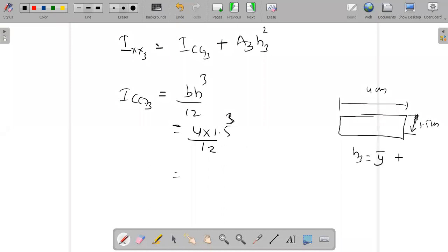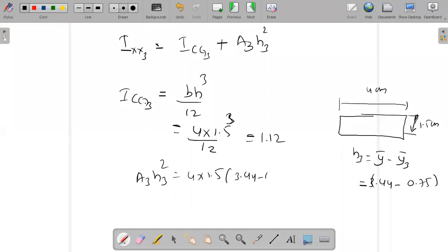H3 is equal to y bar minus y3 bar. Y bar answer is 3.44. Y3 bar answer is 0.75. Yes, this is 1.12. Next is A3H3 square. A3 value is 4 into 1.5 into 3.44 minus 0.75 the whole square.